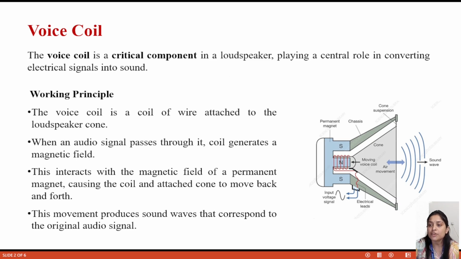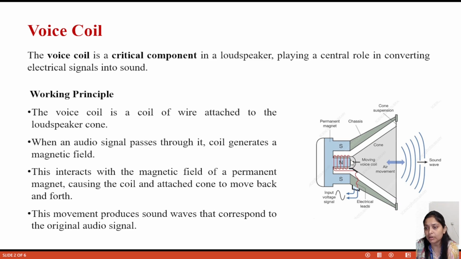First of all, we will concentrate on this picture. What is in this picture? You can see this blue one is a permanent magnet. This red one is a voice coil. It is made of copper or sometimes aluminum, and this is the cone of the speaker.